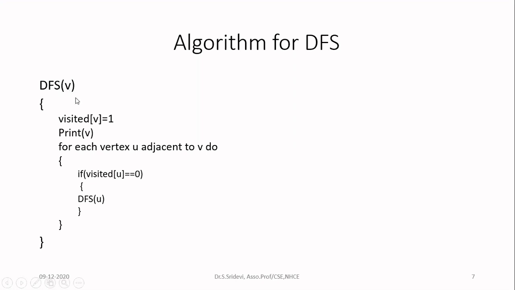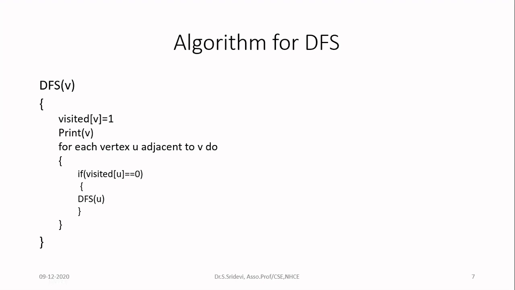So call will be coming here. What I will do is whenever I get a vertex, I'll be making the vertex as visited because I'll be coming to this step only if I know that the vertex is not visited. So I'll make the vertex as visited. Then I will be printing the vertex in the output. After I do that, I should now explore all the neighbors of this particular vertex.